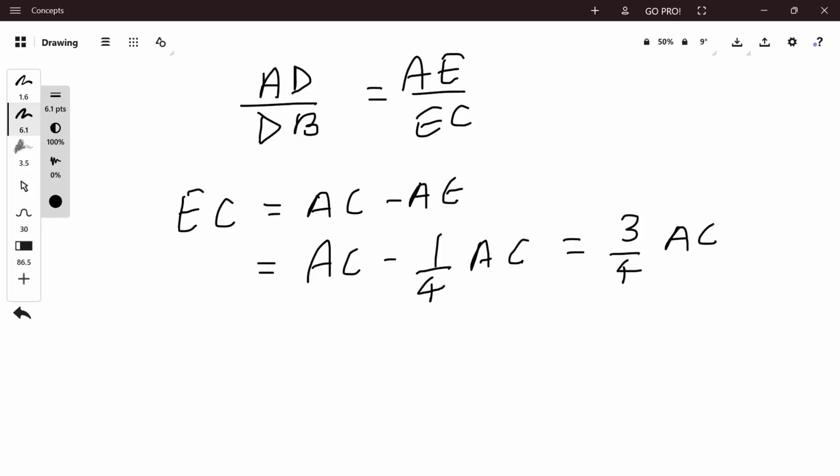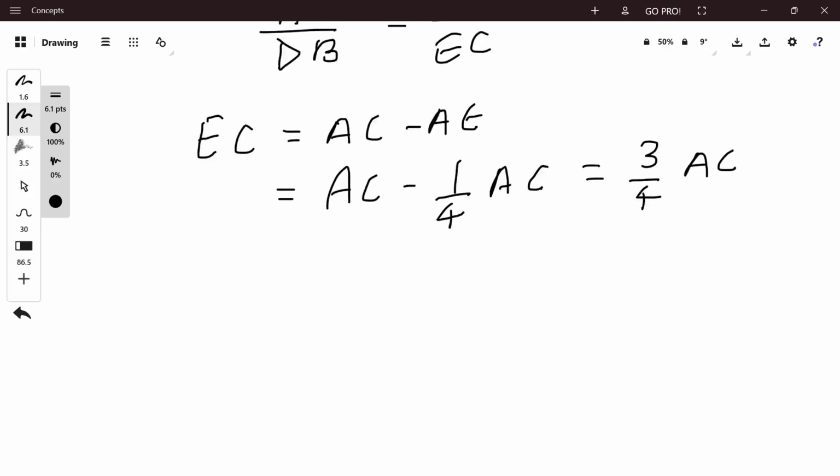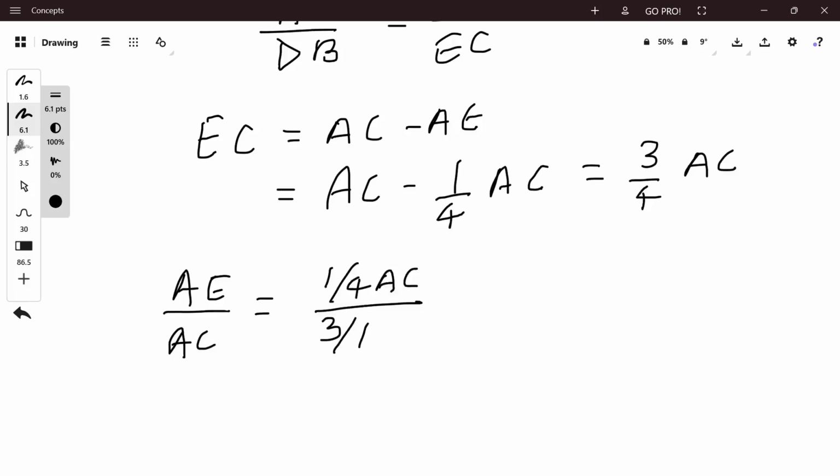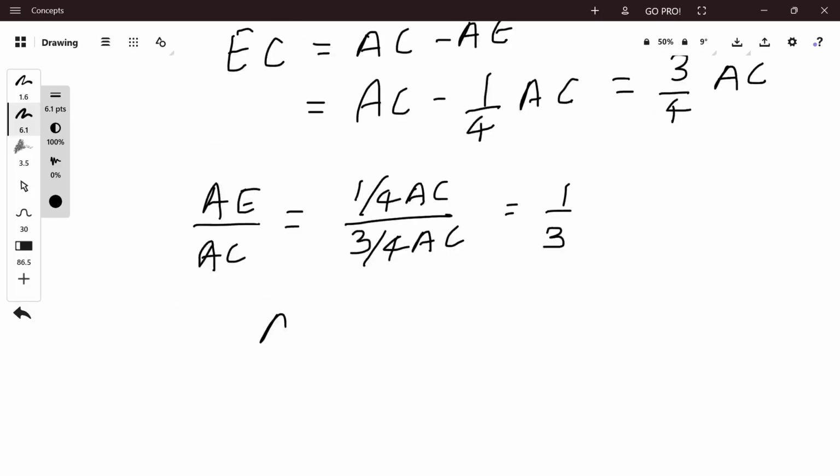The ratio AE upon EC is equal to 1 by 4 AC upon 3 by 4 AC, which is equal to 1 by 3. Therefore, AD upon DB is equal to 1 by 3.